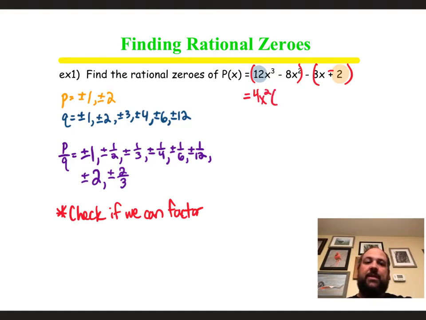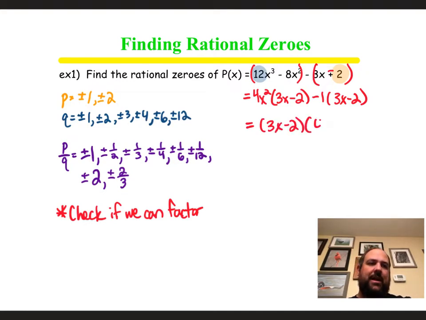And the leftover would then be 3x minus 2. GCF of 3x minus 2 is just 1, so I have minus 1 times 3x minus 2. And notice I ended up with the same leftover factor. So I lucked out in this case that I have 3x minus 2 times 4x squared minus 1 now.